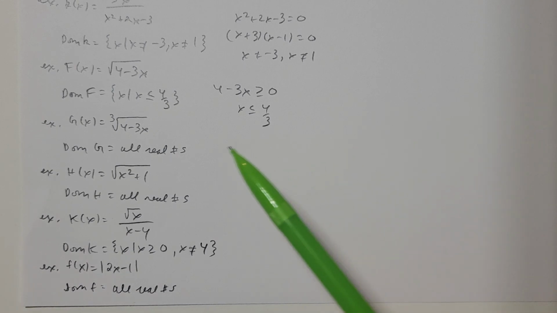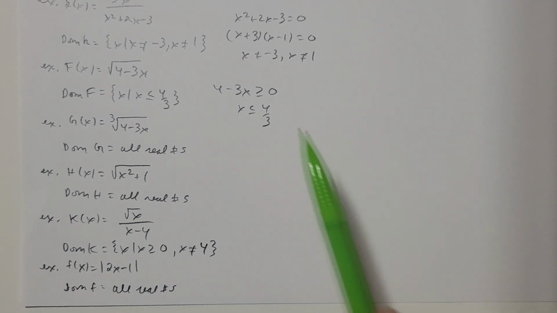Here's another one. What if I have g of x equals the cubed root of 4 minus 3x? I'm just changing up this last example slightly. With a cubed root, now I can take the cubed root of a negative.